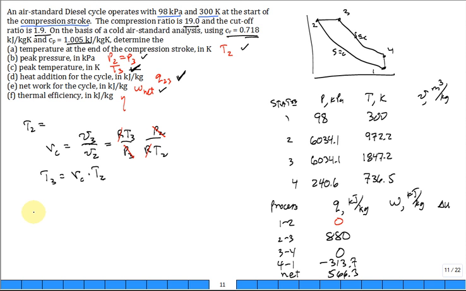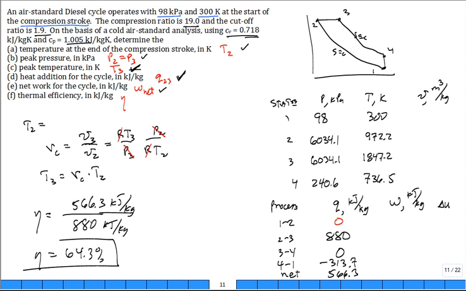And then thermal efficiency at the very end is the ratio of the answer for part E, which is 566.3 kilojoules per kilogram, divided by the heat addition in Q2 to 3, 880 kilojoules per kilogram, giving us a thermal efficiency of 64.3%.